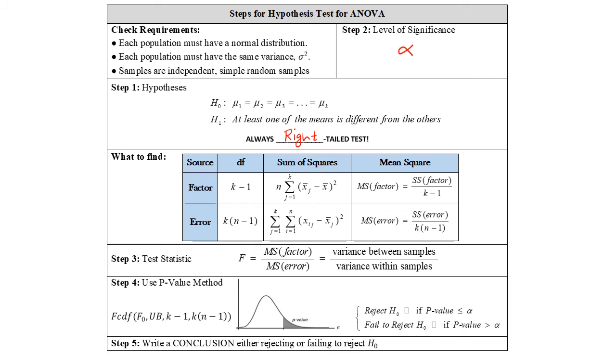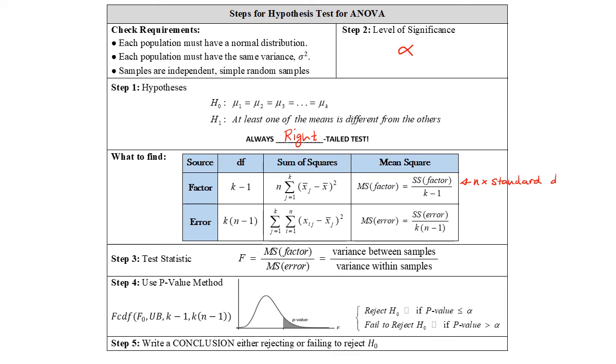and squaring, summing those up and then multiplying by n. And then when we divide that by k minus 1, what we wind up with is the variance between the sample means, multiplied by n. So really what this amounts to is n, the sample size of each of our samples, times the standard deviation between the sample means.